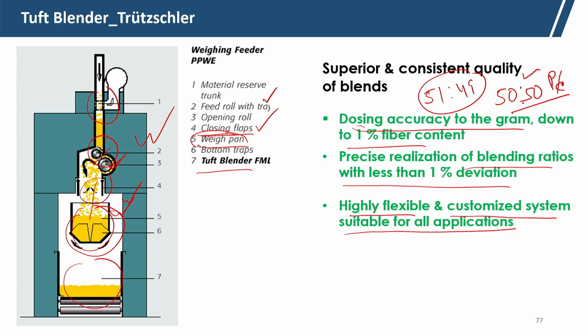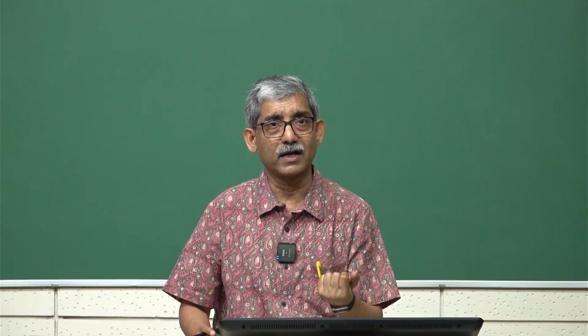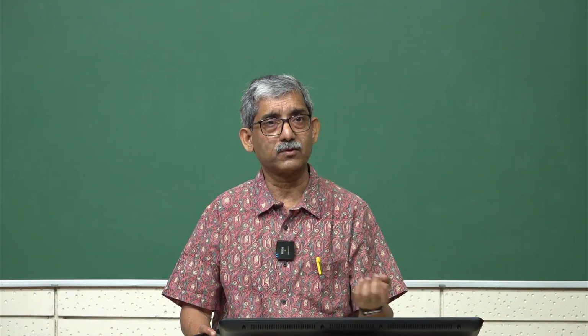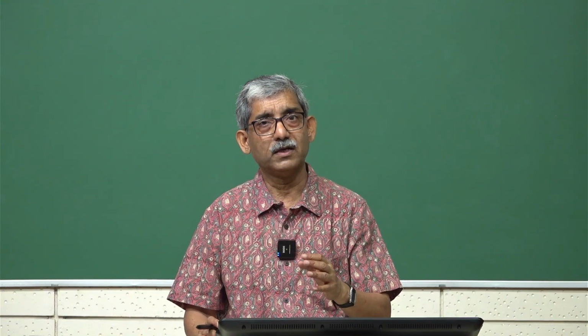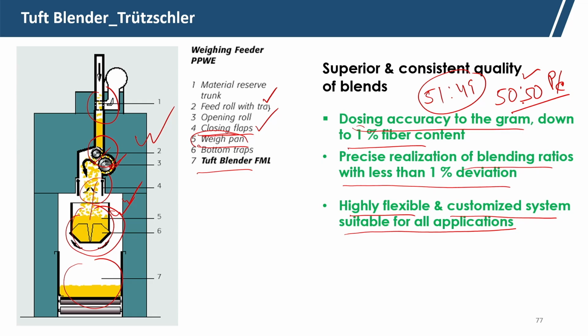For example, if we are blending cotton and polyester and cotton needs greater opening action, we can control the speed of the opening roller accordingly, so that we can customize the application. Depending on the blend ratio, if we have to change from 50-50 to 40-60 polyester cotton, we can change the delivery accordingly.